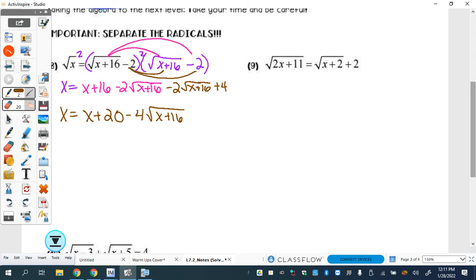We're going to isolate our radical. So I'm going to subtract this x over and my 20. And my x's actually would end up canceling. So if I subtract the x over, cancels on both sides, subtract my 20. Divide by my -4.